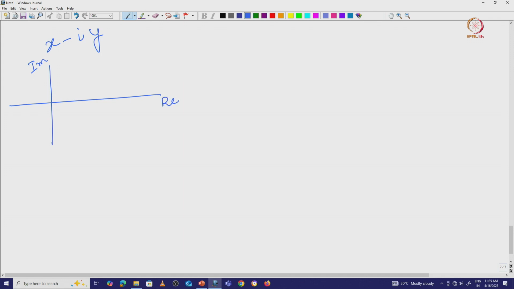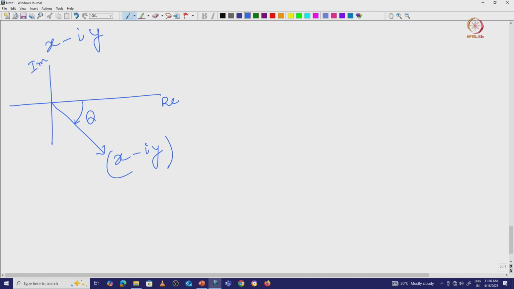Now it is coming on the negative side, so our vector diagram will come like that. This will be our theta and this will be our x minus iy.